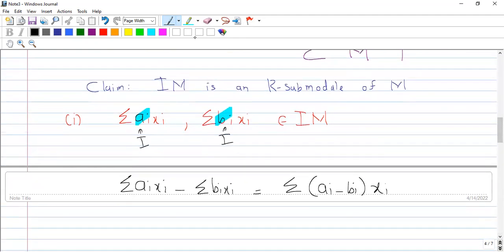One can see that this a_i minus b_i is also an element of I, which shows that this combination is an element of IM.